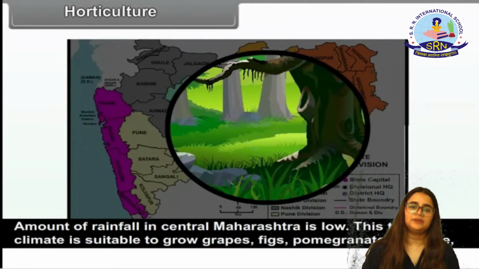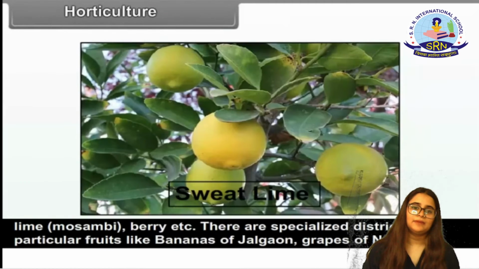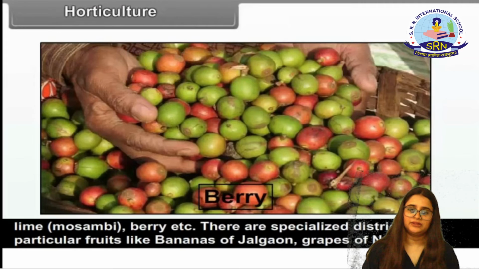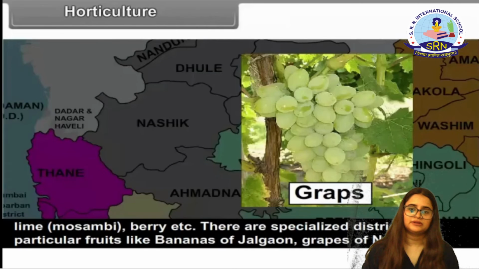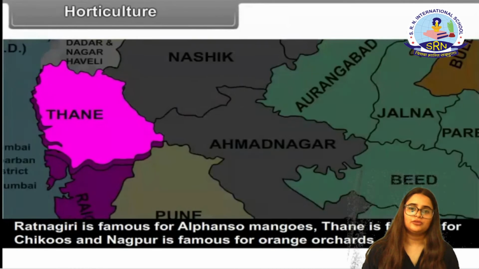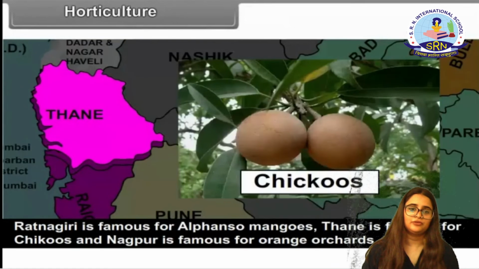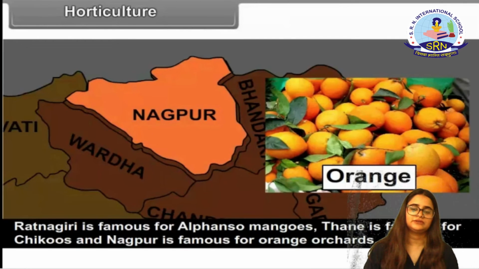This type of climate is suitable to grow grapes, figs, pomegranates, orange, lime, berry, etc. There are specialized districts for particular fruits like bananas of Jalgaon, grapes of Nasik. Ratnagiri is famous for Alfonso mangoes, Thane is famous for chikus and Nagpur is famous for orange orchards.